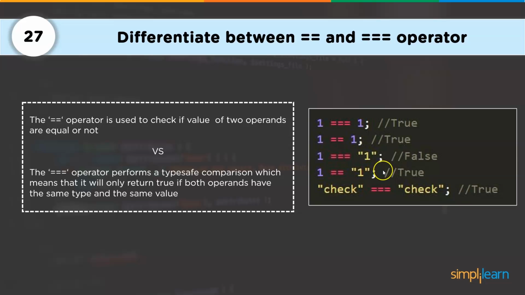Since they both are 1, in PHP it will display true since they are equal, while when you are type checking, that is, checking if they are equal with the same type and same value, it will display false since one is an integer and the other one is a string value. Also, if you check two identical strings with the type-safe operator, it will display true.